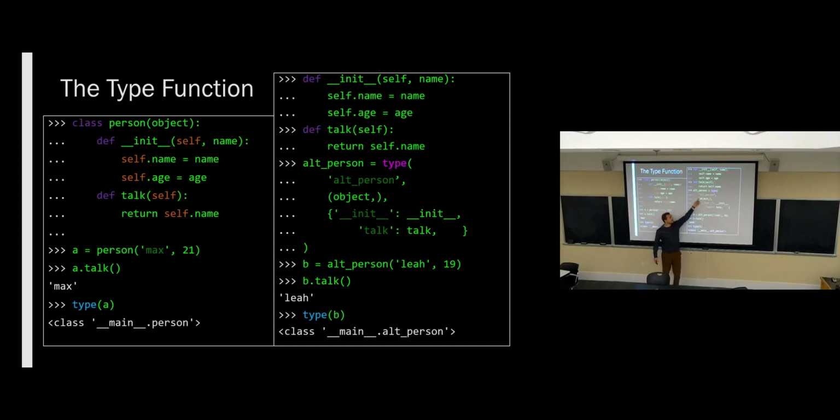And we've passed in the contents of the class as parameters. And you can kind of see a mapping here, like, alt person is this part, and the bases are what come after it. And this dictionary is kind of like the body of the class, mapping the names of these functions to the functions themselves.